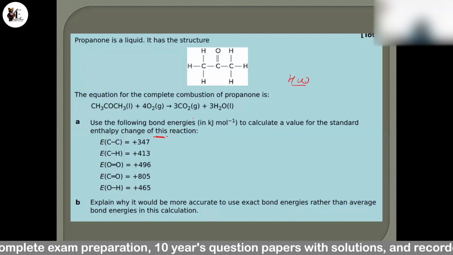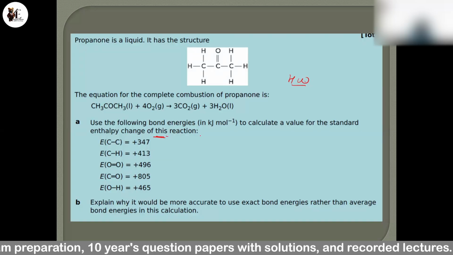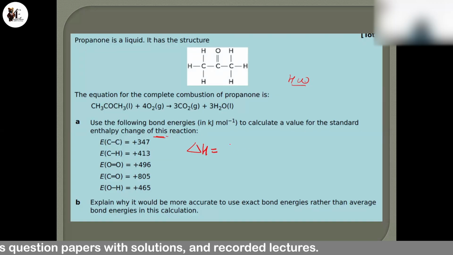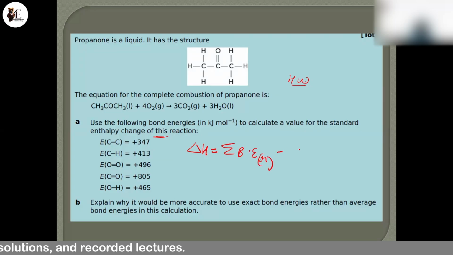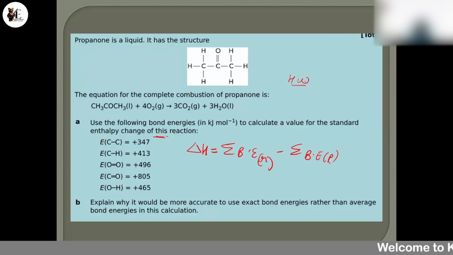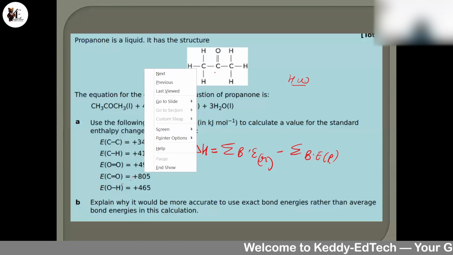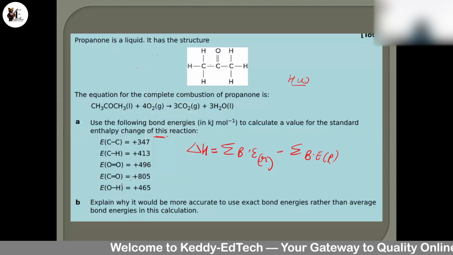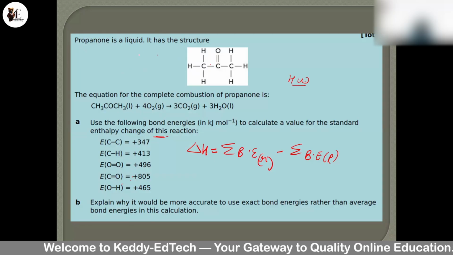I hope you remember: to calculate the standard enthalpy change, you use the summation of bond energies of reactants minus the summation of bond energies of products. Explain why it would be more accurate to use the exact bond energies rather than average bond energies in this calculation. I told you the concept of bond energy and exact bond energy, so you have to write it. This is for 1 mark.